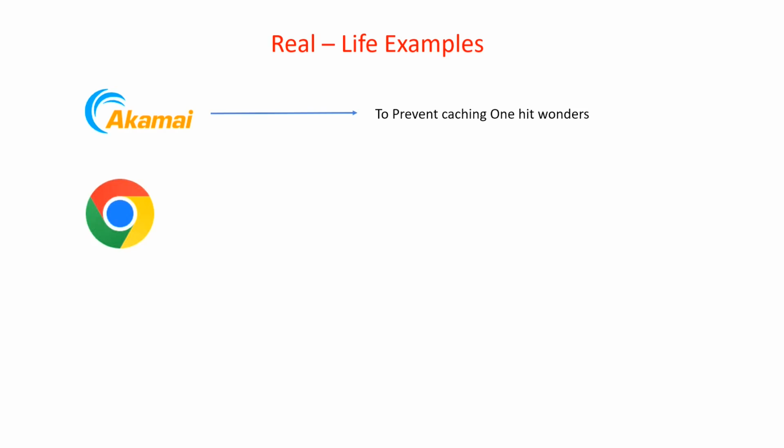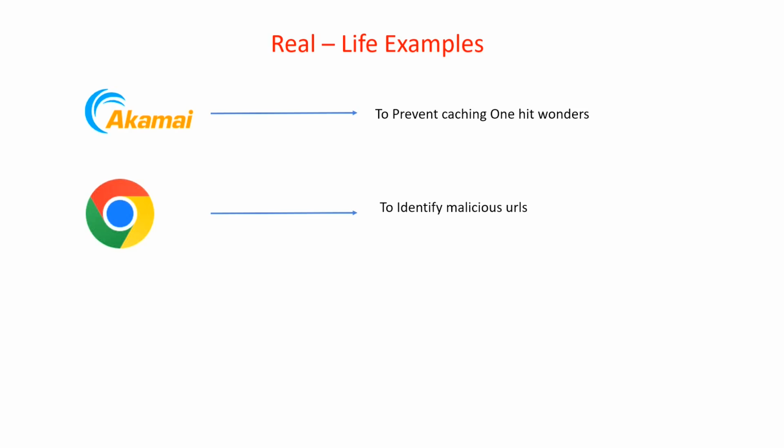Next is Chrome. In the internet world, there might be various malicious hits happening from various URLs. To track down the malicious URLs, Chrome uses Bloom filters because they might be in the millions, right?